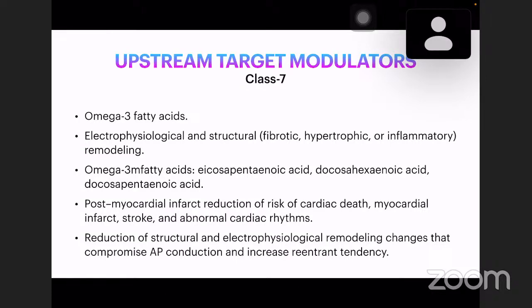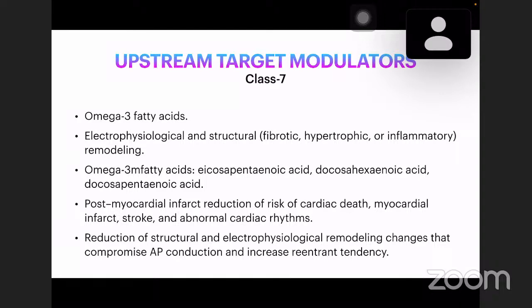The other subclass of class 7 is omega-3 fatty acids. They also act in the same way as ARBs and ACE inhibitors. These omega-3 fatty acids include eicosapentaenoic acid, docosahexaenoic acid, and docosapentaenoic acid. Post-myocardial infarction, they reduce the risk of cardiac death and myocardial infarction.